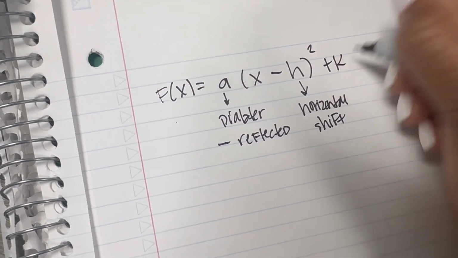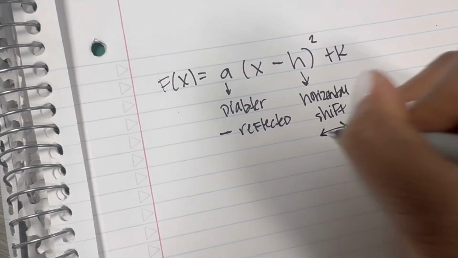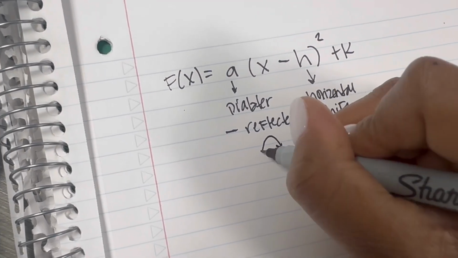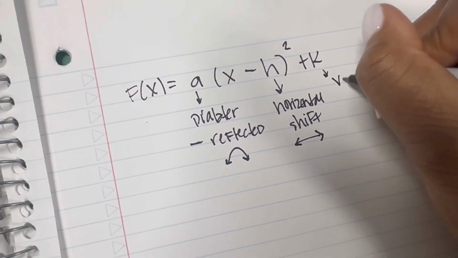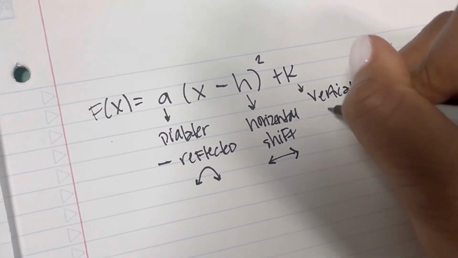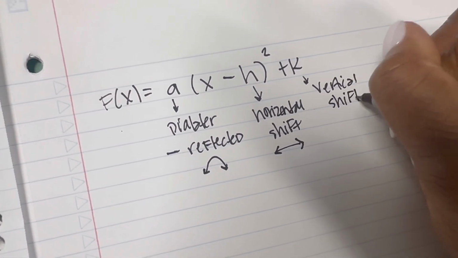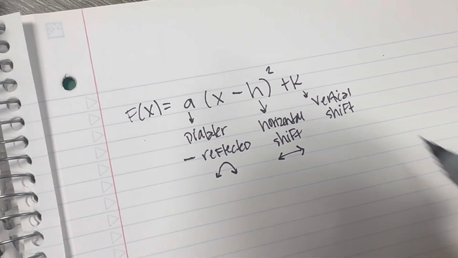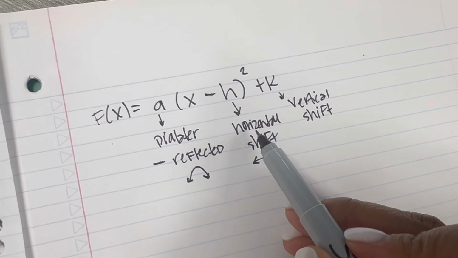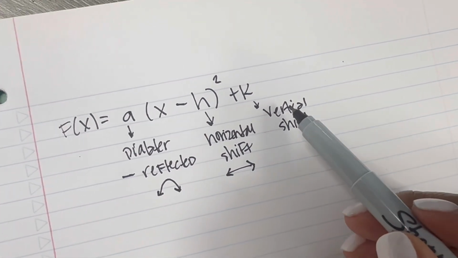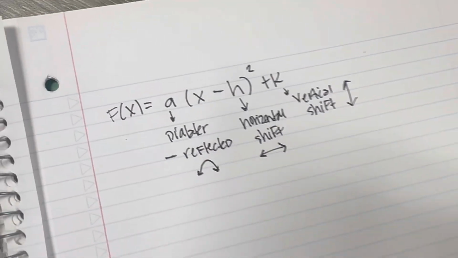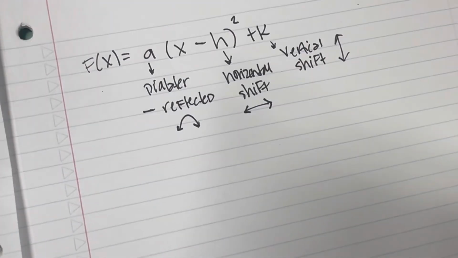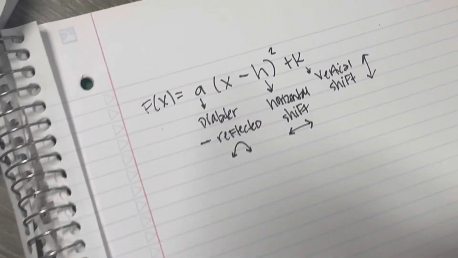And your K value is your vertical shifter. These are called translations: translated horizontally to the right or left, translated up or down, vertical, right? So let's give some examples and write these transformations down.